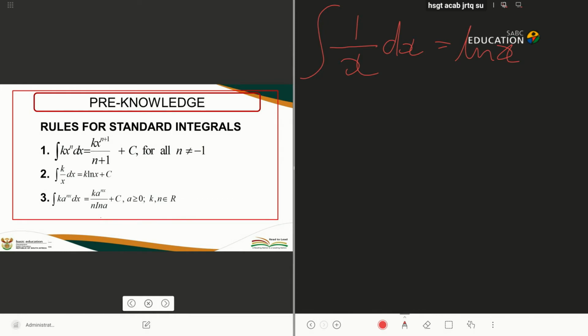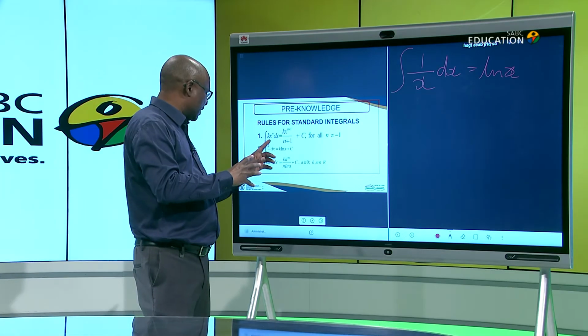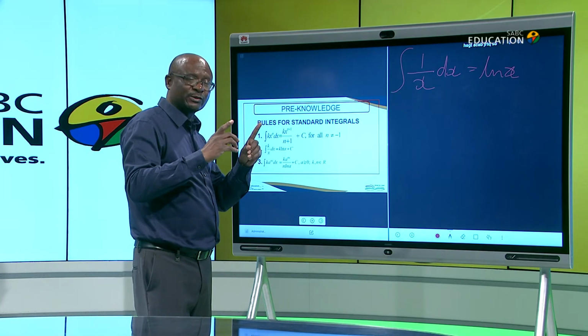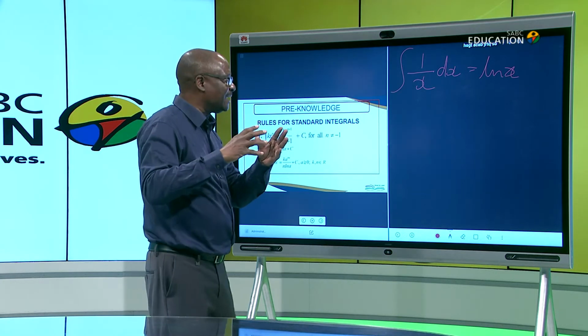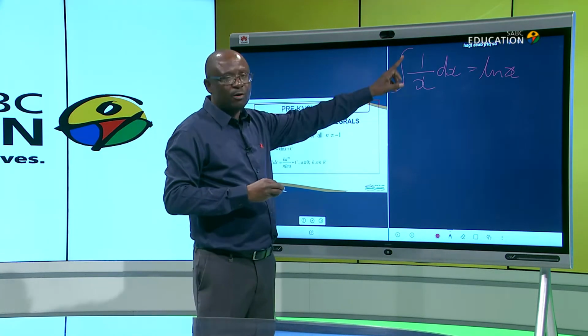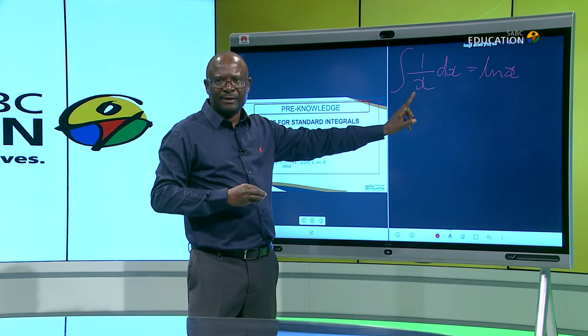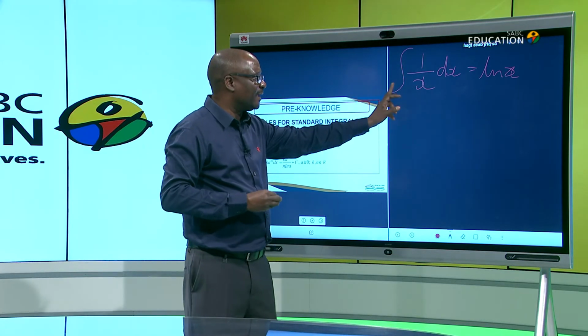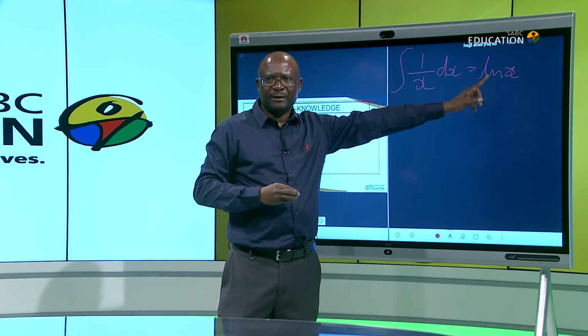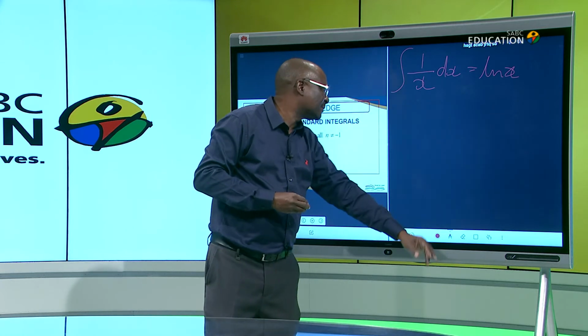You don't only have to look at the fraction. Firstly, check whether your fraction can be written in the form of 1 over x. If it is, then you can apply the logarithm of x.